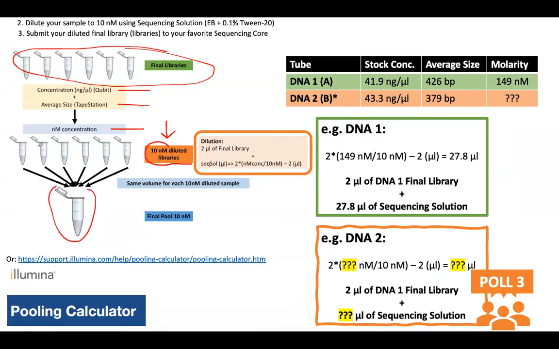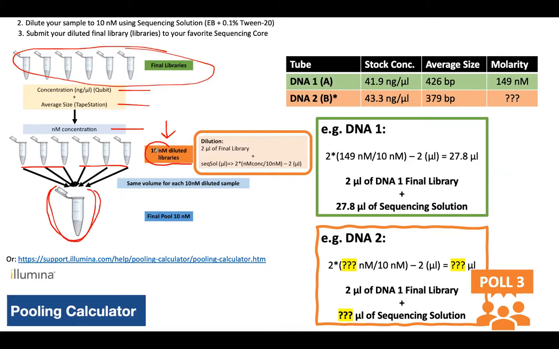In the picture here I had 6 libraries. In our example we only have 2, but you can have as many as you want, like 96. It's just going to take a long time, but that's how I usually do it.